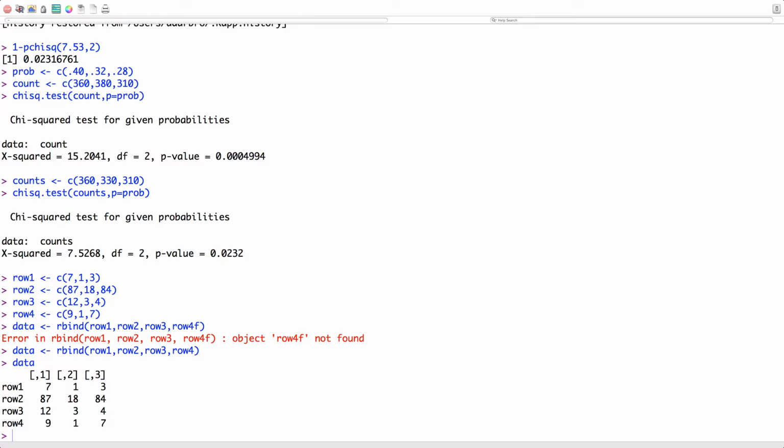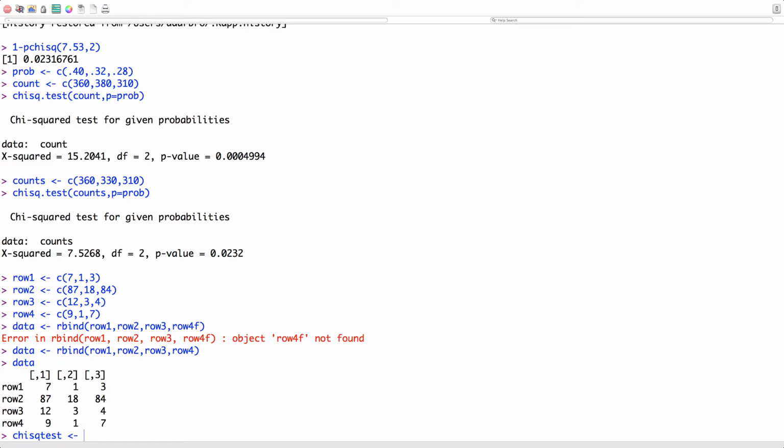Next thing we'll do is run the chi-square test. I'm going to call this chi-square test, because we're going to need this to do some stuff coming up.